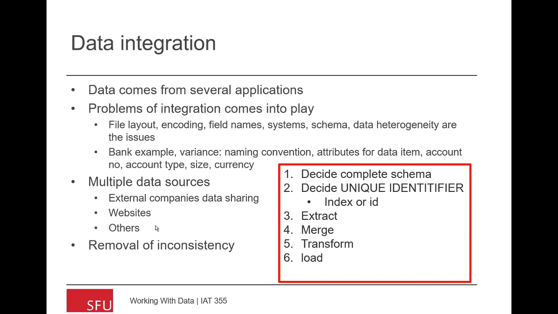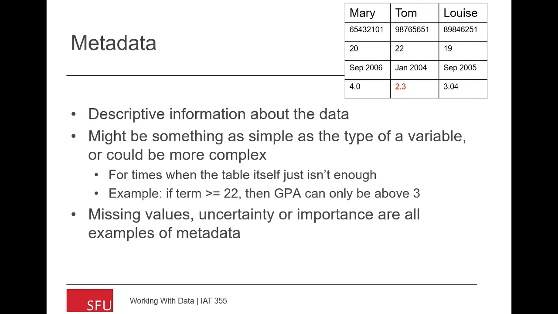So the short version of this slide is essentially that data integration requires a significant amount of work, and this is the strong version of data wrangling, dealing with multiple sources of this nature. Some things that you might need to deal with as you're doing a task like this is the metadata, which is descriptive information about the data.